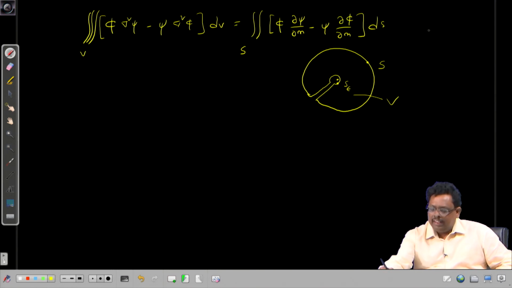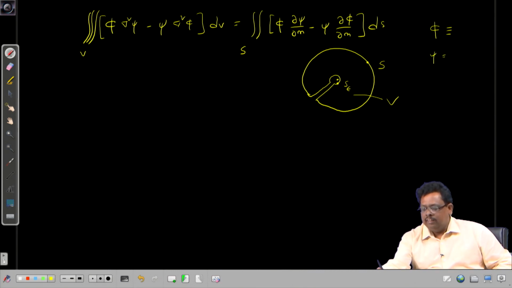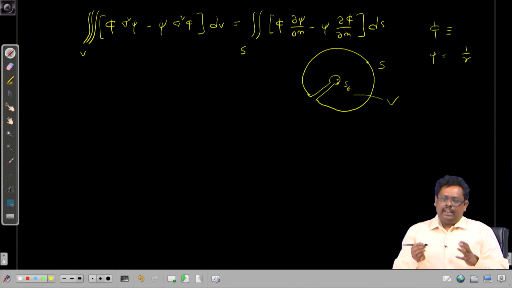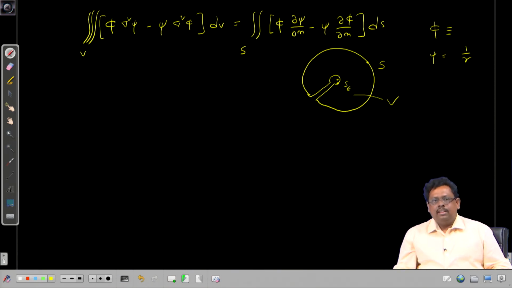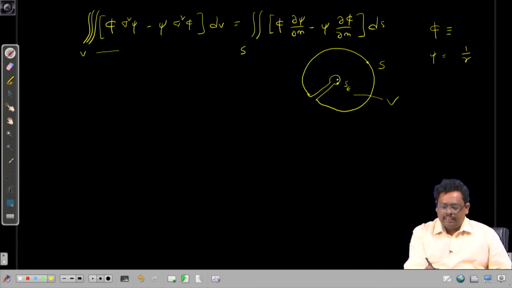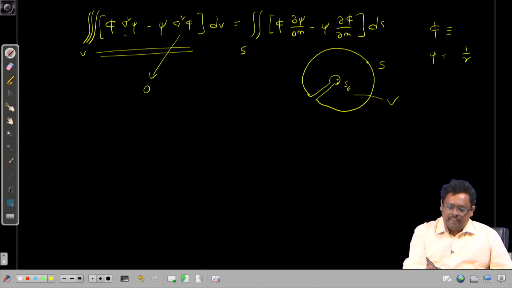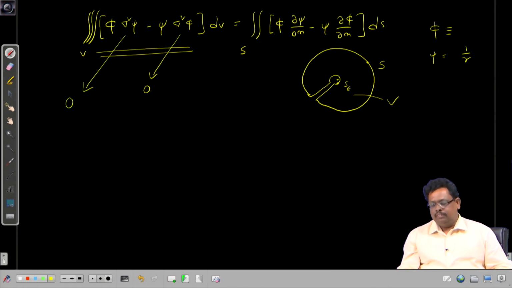Now, phi is basically my velocity potential, and if I take psi equal to that function 1 upon r, then psi also satisfies the Laplace equation, because I have cut out the origin. So, in this domain, del square phi goes to 0, and del square psi is also 0. So, the entire left hand side is 0.